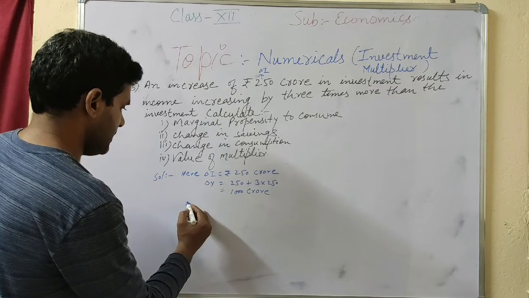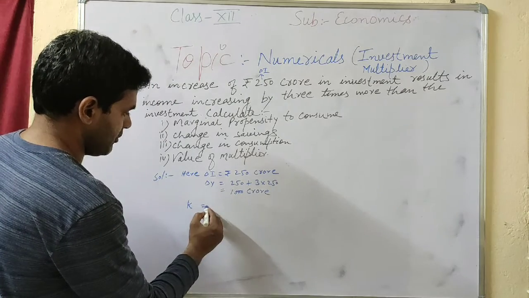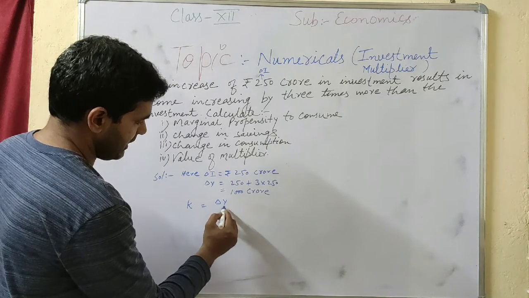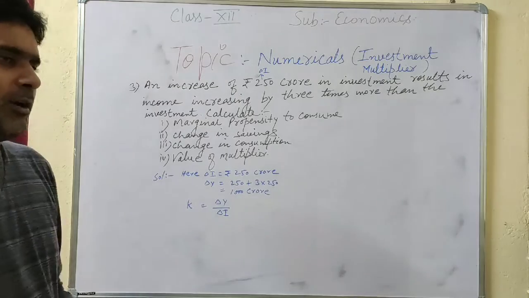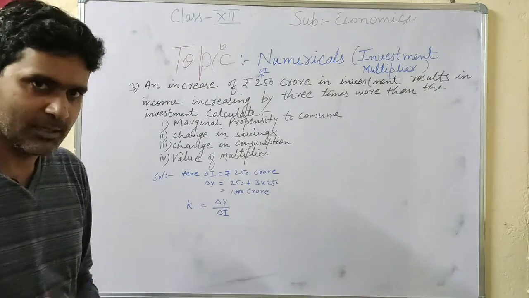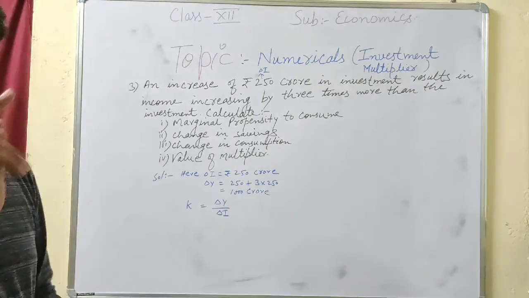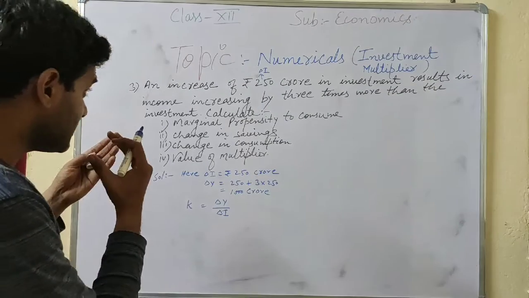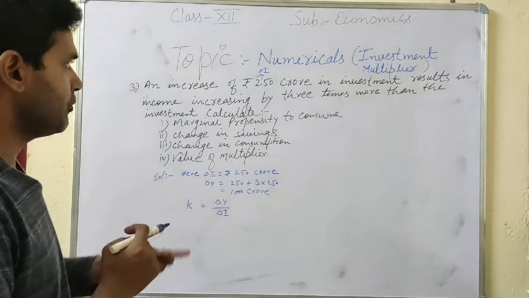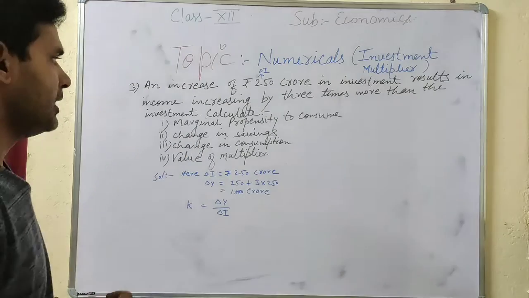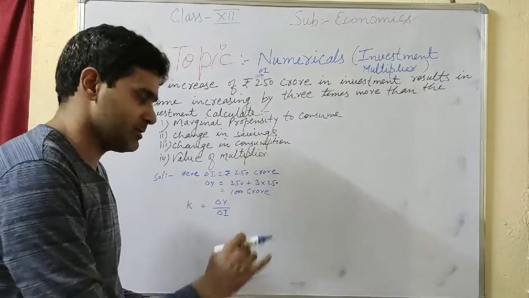Now we can easily calculate the value of K or multiplier, delta Y upon delta I. Sometimes I use the formula 1 upon 1 minus MPC, sometimes I use the formula 1 upon MPS. This depends upon the situation of the question, what the language of the question is and what has been given for us.